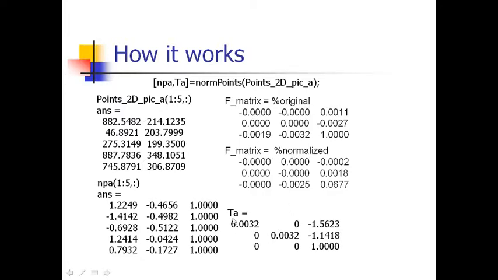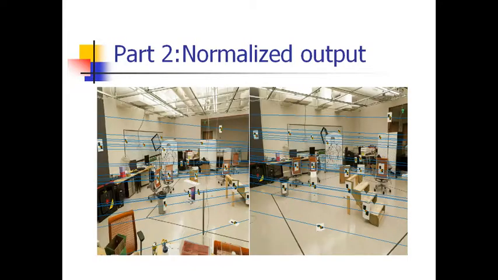So here is the transformation matrix. Here is the original F matrix that we calculated. Note that the bottom right corner is 1, but when we normalize it, it has a relatively small number that is not so different from the other values in the matrix, so it's better.